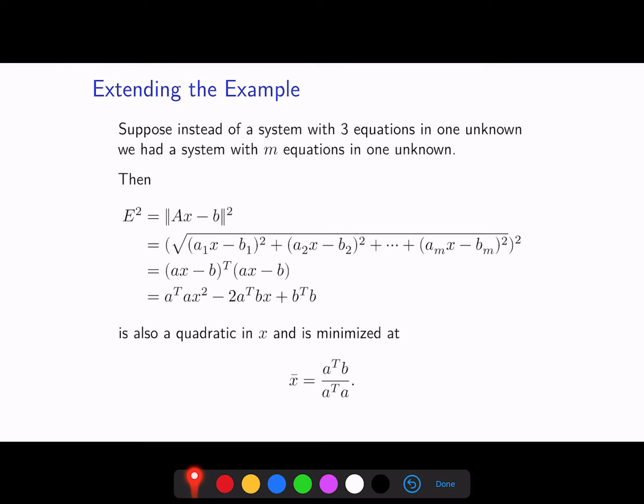We can find that minimum by taking the derivative and setting it equal to 0, and then solving for X. And there we get X bar, the X value that minimizes our error function, and it has this formula.